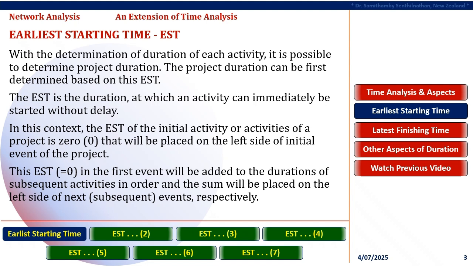In this context, the EST of the initial activity or activities of a project is 0 that will be placed on the left side of initial event of the project. This EST equals 0 in the first event will be added to the durations of subsequent activities in order, and the sum will be placed on the left side of next subsequent events, respectively.